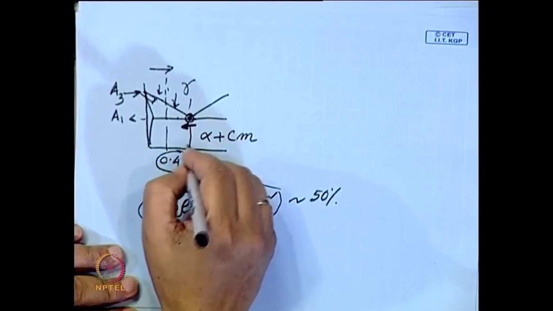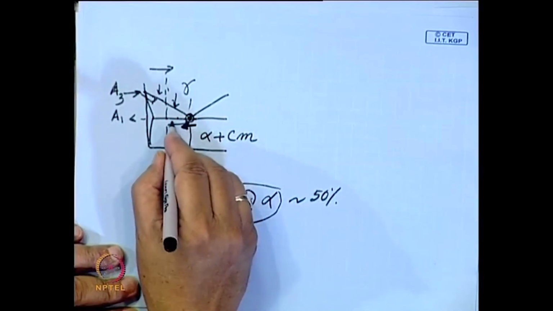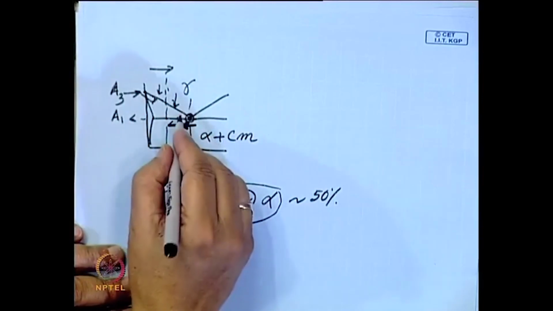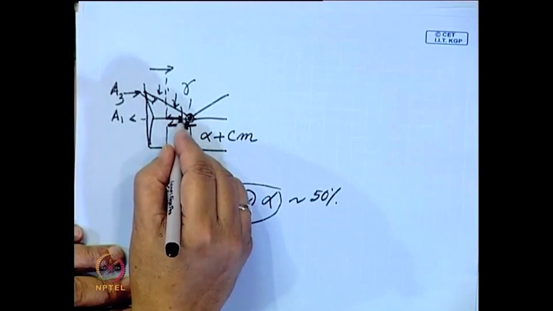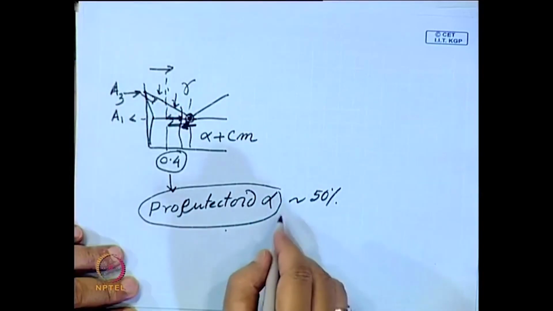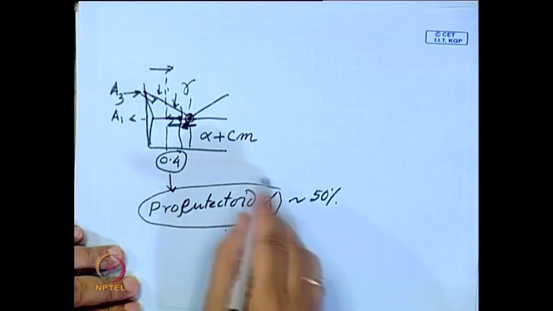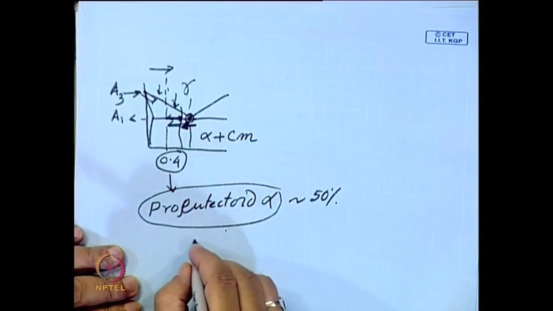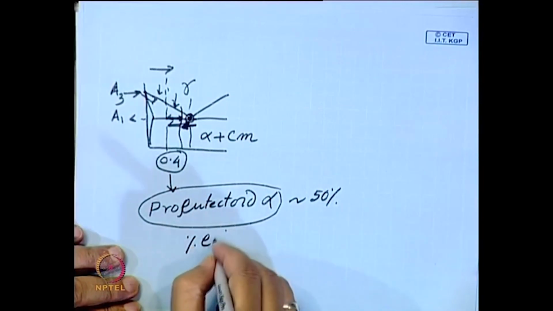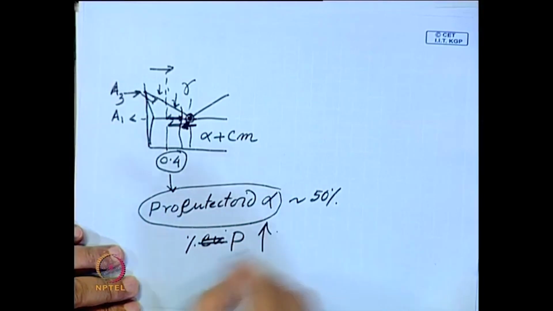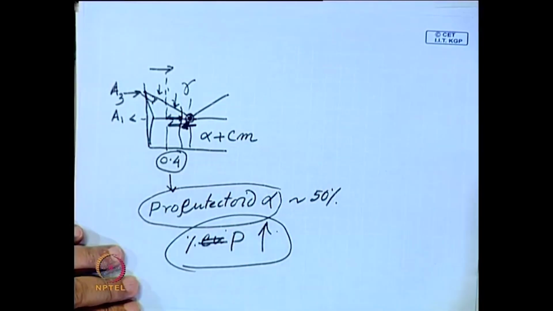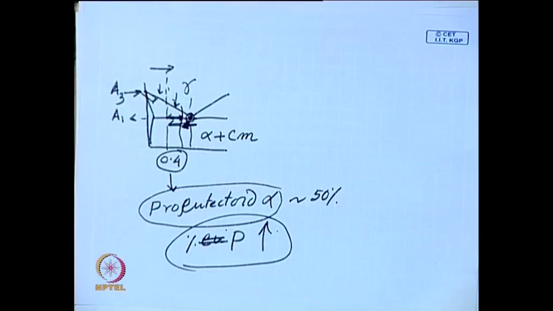because pro-eutectoid ferrite is proportional to this part. If this shifts here, the amount of pro-eutectoid ferrite will be proportional to this over the total. So, this will suppress presence of pro-eutectoid ferrite, and that means the percentage of pearlite will increase as you increase alloy element.